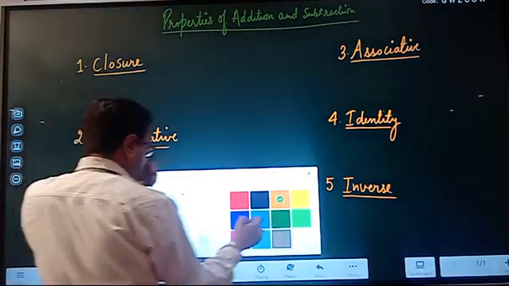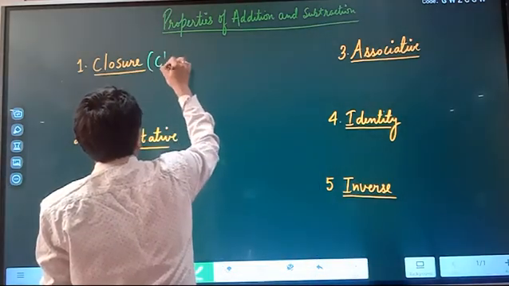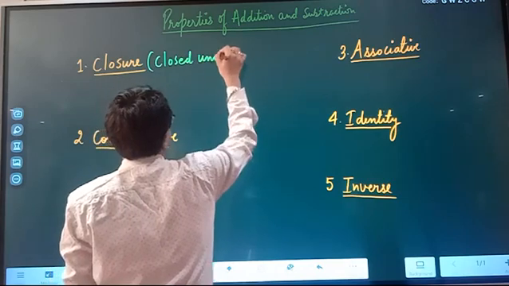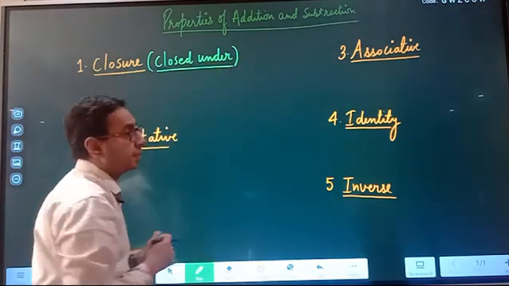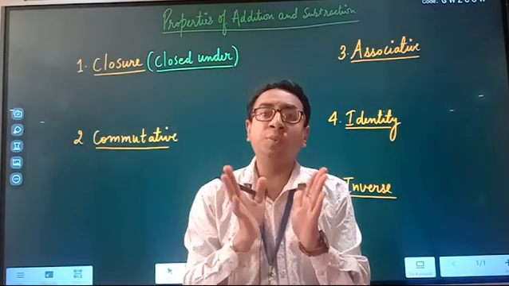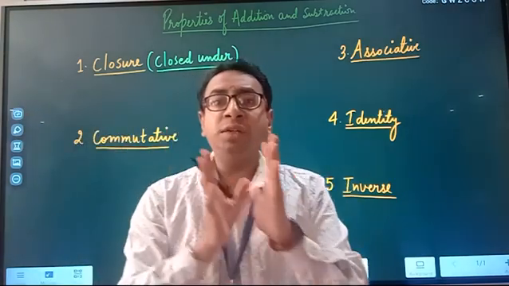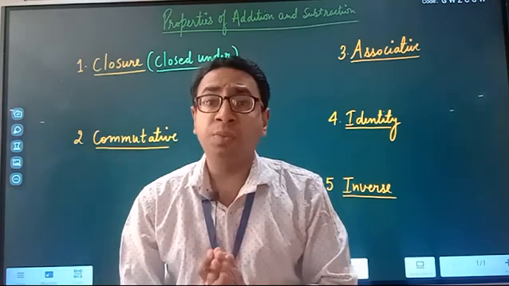Closure property also means closed under. We'll see what the meaning of closed under is. I'll take an example. For example, you are a student of OPS Vidya Mandir Sector 13 Karnal, right? Once you enter the school, you are part of the school. Yes or no?